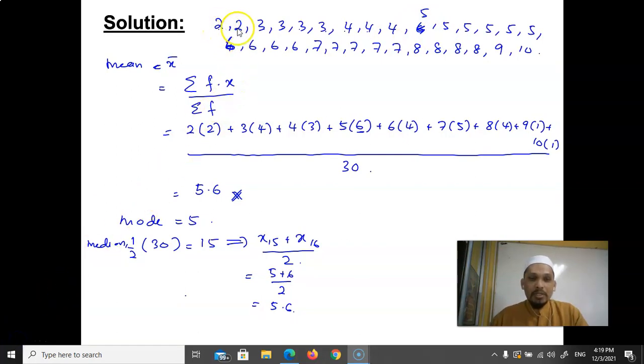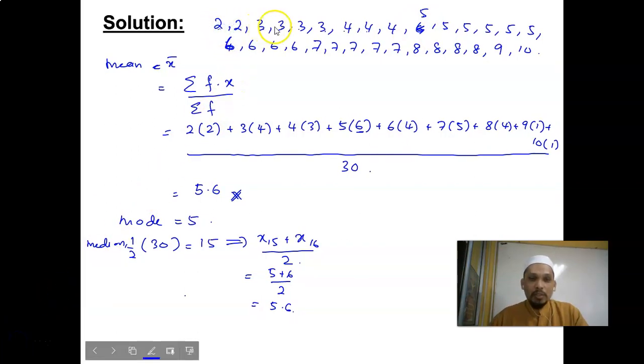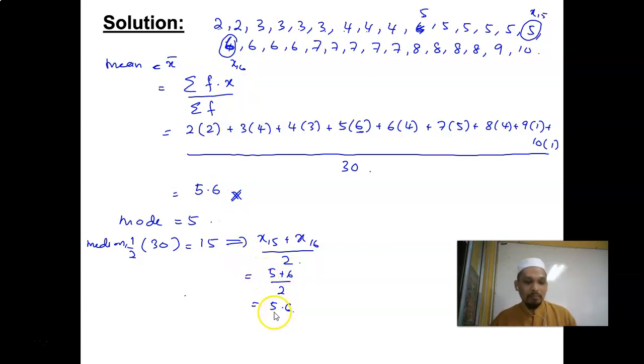First observation, second, 1, 2, 3, 4, 5, 6, 7, 8, 9, 10, 11, 12, 13, 14, 15. This is the 15th observation, and the 16th observation equal to 6. So 5 plus 6 divided by 2, then you get 5.6.